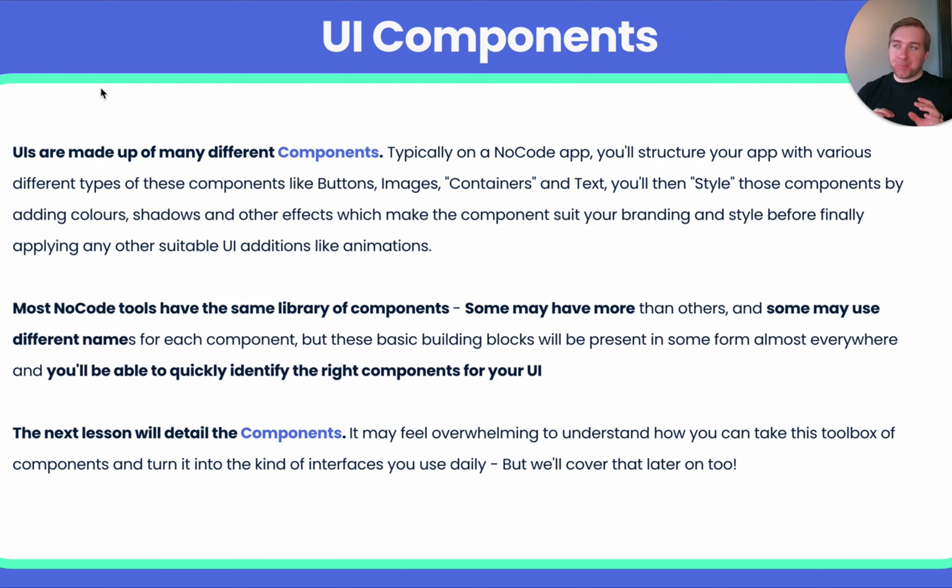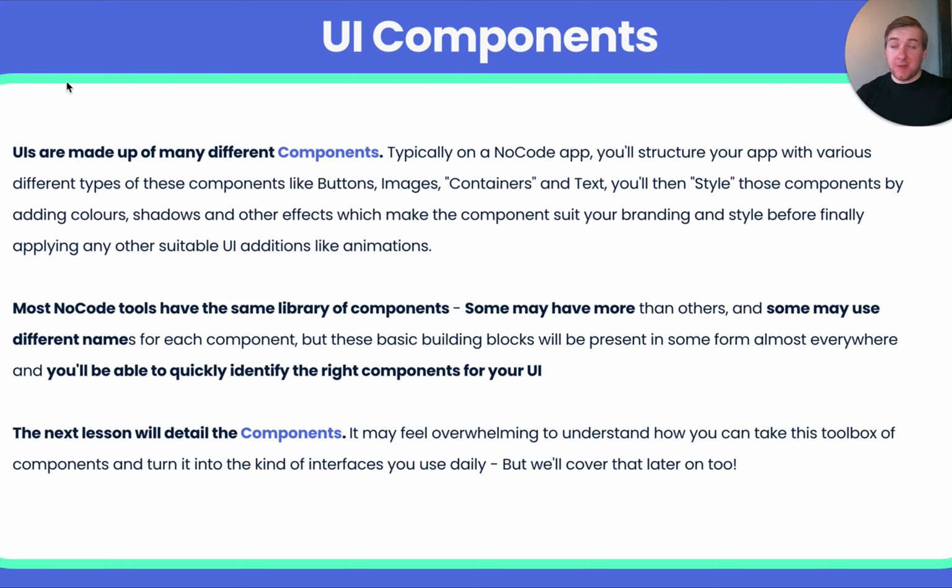And so typically the way a UI is put together is you structure the app with large components like a box, and then you style each component within your UI. So you might add a shadow, you might change the colour, you might add a border to it, etc. Then you might have some wee extras on top like an animation or that kind of thing.